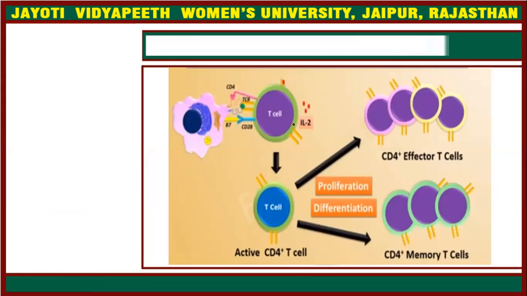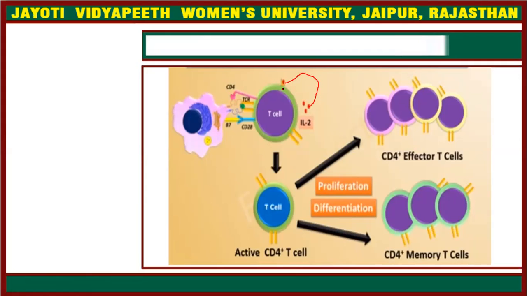Here the T cell secretes some interleukin, and this interleukin binds to a receptor present on the T cell. They are secreted from the T cell and bind to the same T cell, and this signaling is known as autocrine signaling.